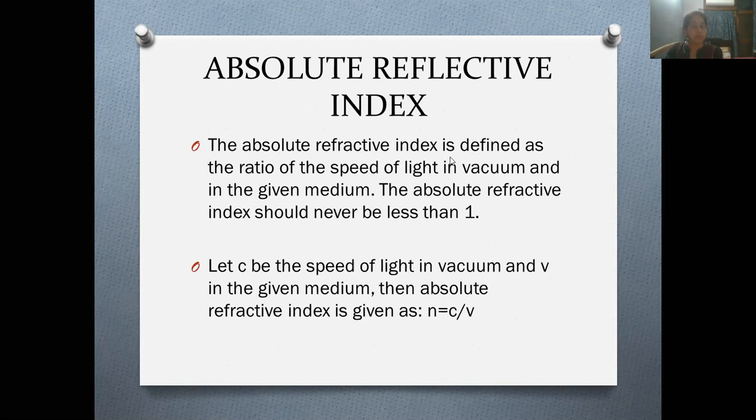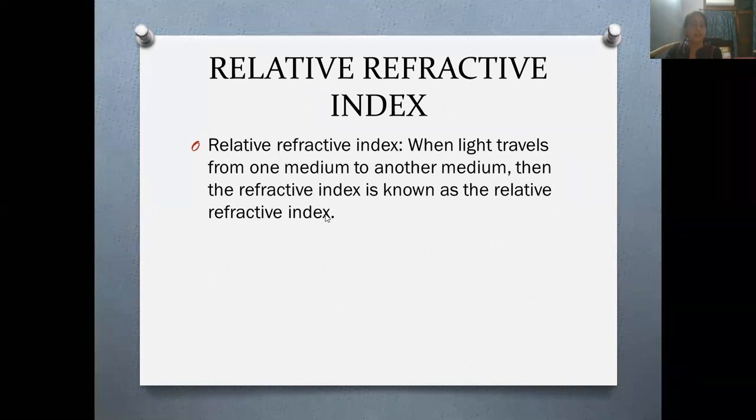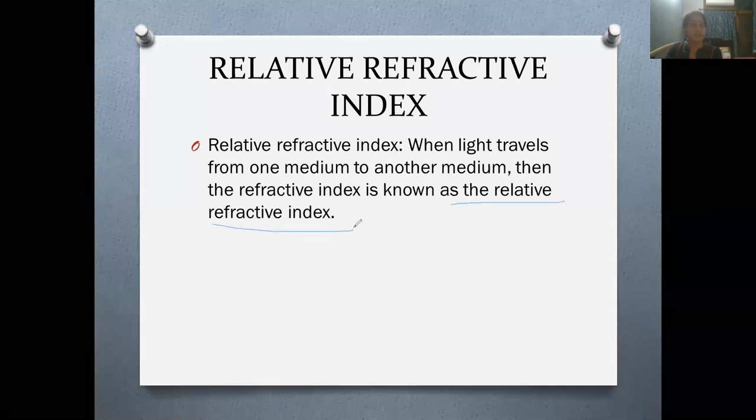Light always travels from one medium to another medium. If the light is traveling from vacuum to any other medium, then it is absolute. And if light is traveling from any one medium, not necessarily a vacuum, to another medium, then the refractive index is known as relative refractive index. So this is the difference between absolute and relative.